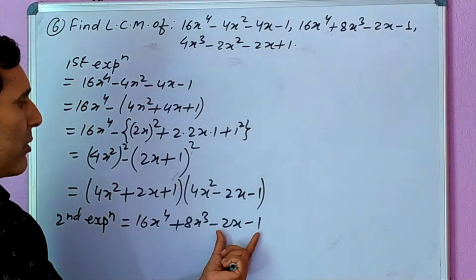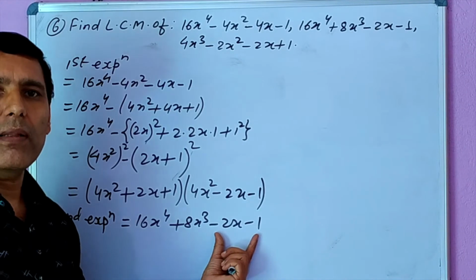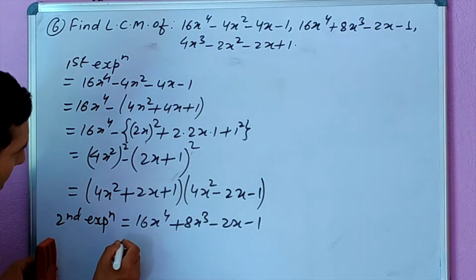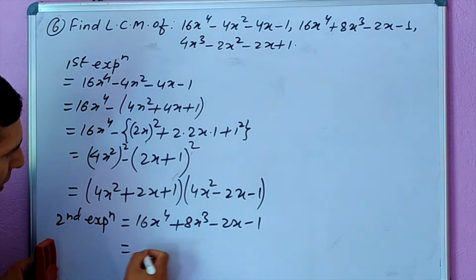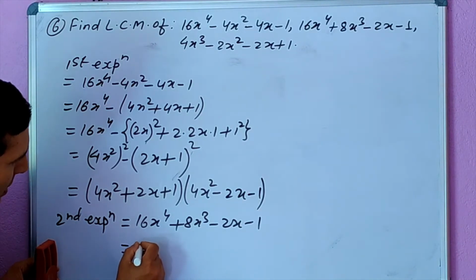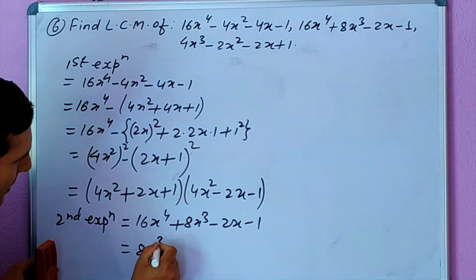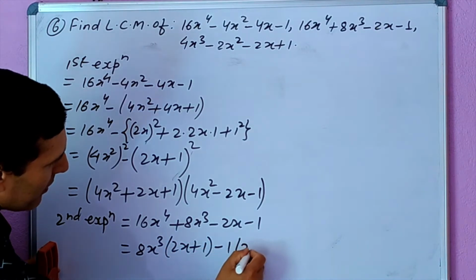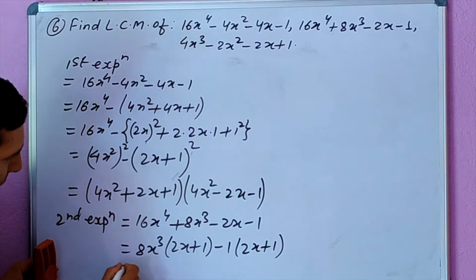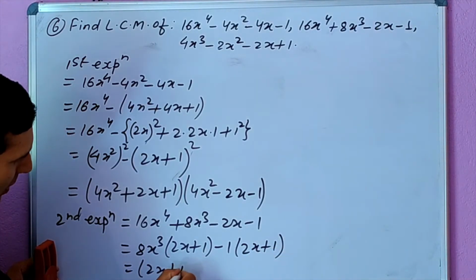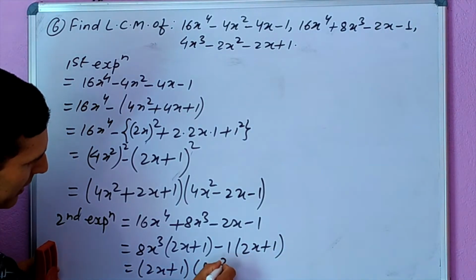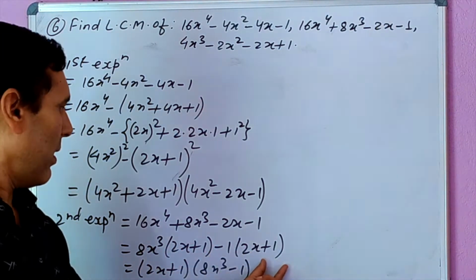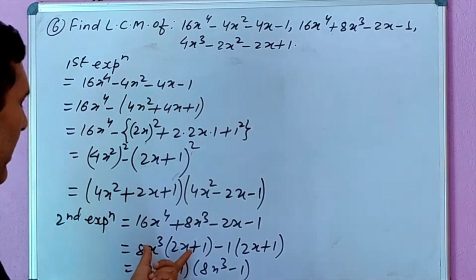In the last 2 also, after taking minus 1 common, we get the same 2x plus 1 in the bracket. So it is 2x plus 1 times 8x cube minus 1. So one factor 2x plus 1 we easily got after taking common.